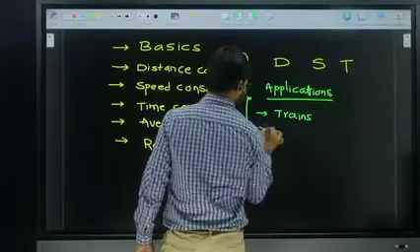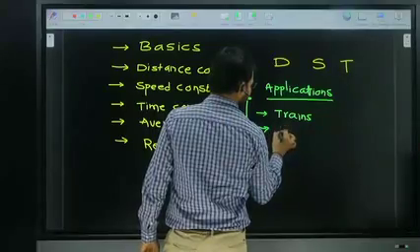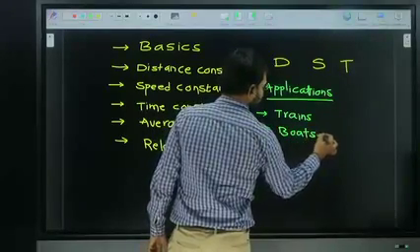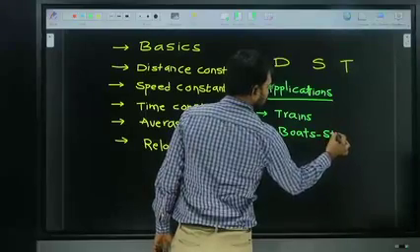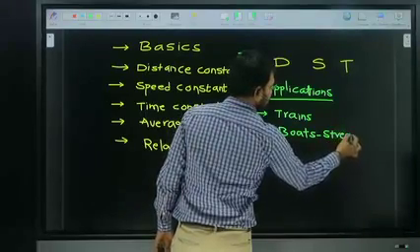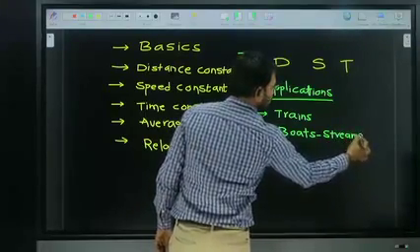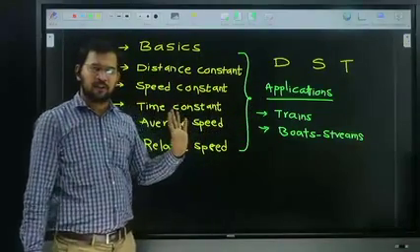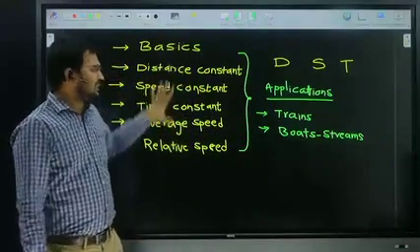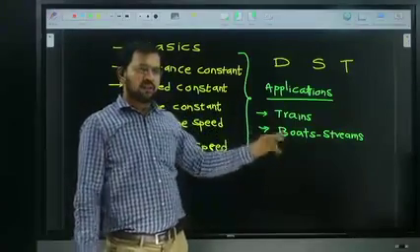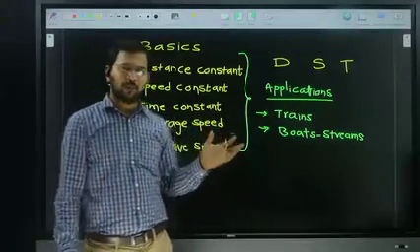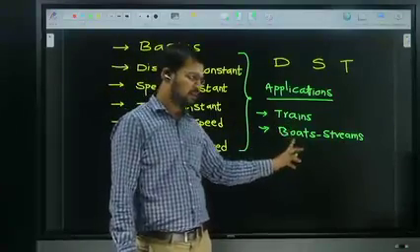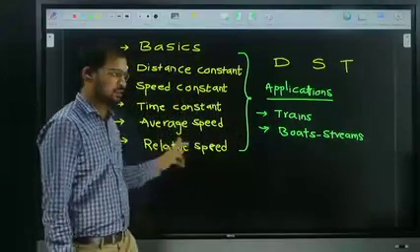The second one is boats and streams. These two are the applications. So these are the concepts and these are the applications. Generally, trains, boats and streams are treated as a separate chapter, but they are not separate chapters. They are part of time and distance.